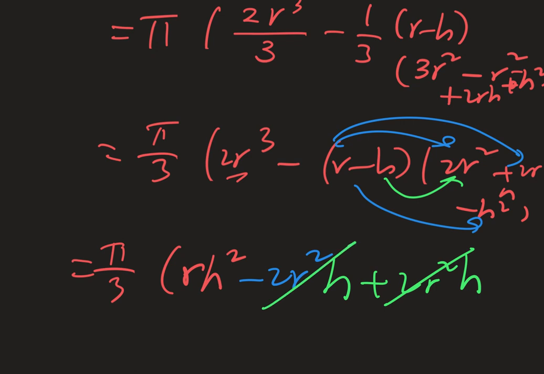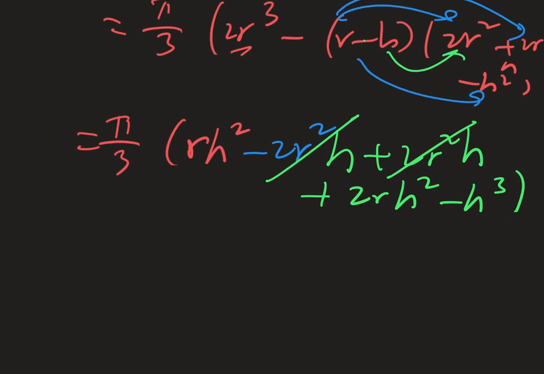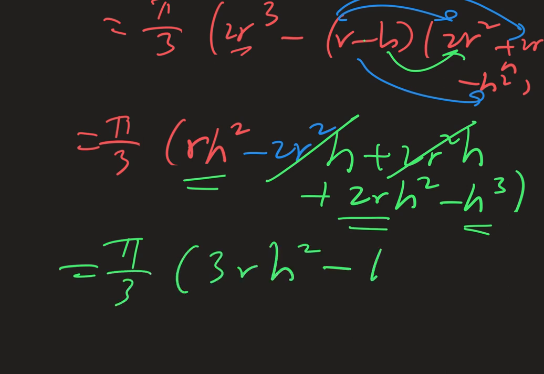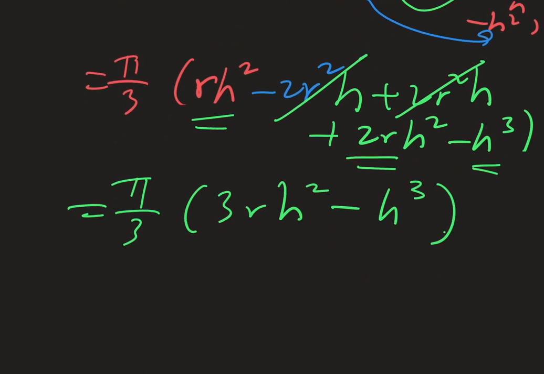Then you have this minus, also minus plus 2rh squared. Then all minus is minus. So ultimately only have 3 terms. So it becomes pi over 3, r h squared minus h cubed. So this becomes pi h squared times 3r minus h, over 3.